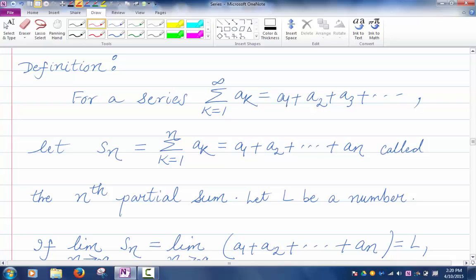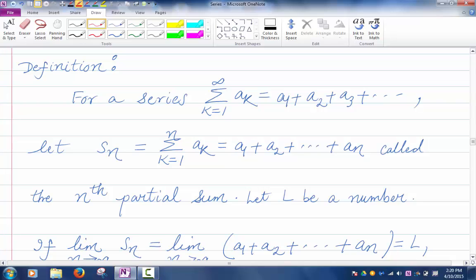Given a series, the summation k going from 1 to infinity of AK, which is A1 plus A2 plus A3 and so on, let Sn be given by A1 plus A2 plus up to An. In abbreviation, that's the summation k going from 1 to n of AK. And this is called the nth partial sum of the series.